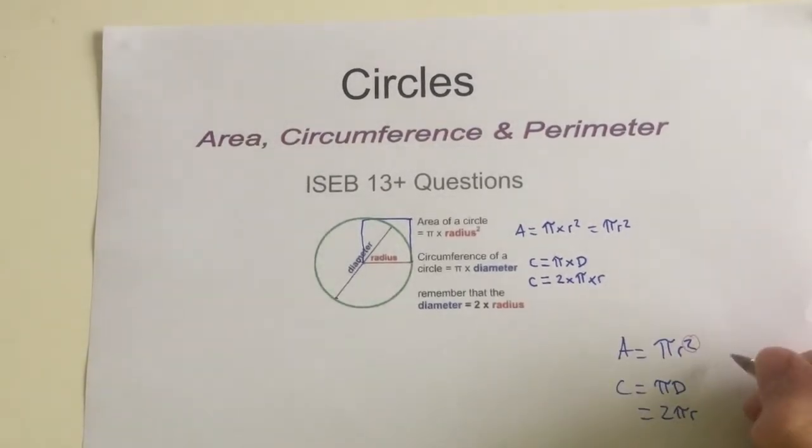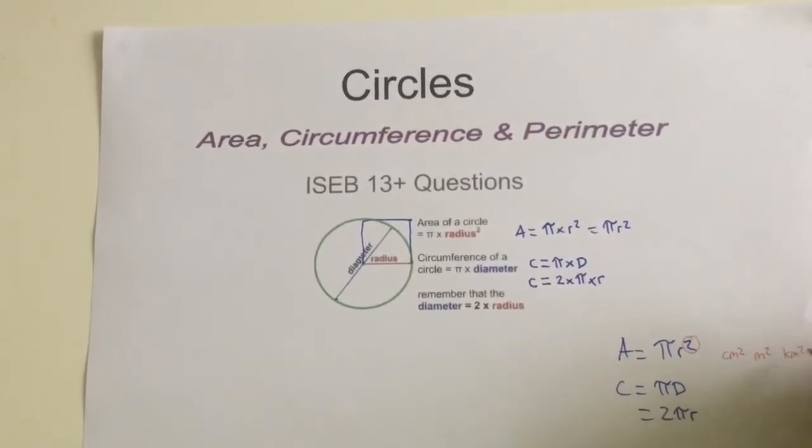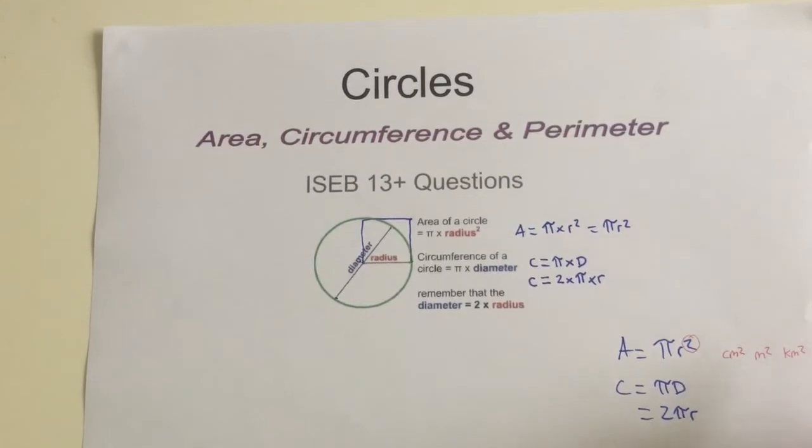Area is always measured in centimetres squared, or metres squared, or kilometres squared, etc. It always has squared units of measurement, so it's the squared formula. And both formulas involving the radius have a 2, have a pi, and have an r. The area is pi r squared, and circumference is 2 pi r. And that's what you need to know.